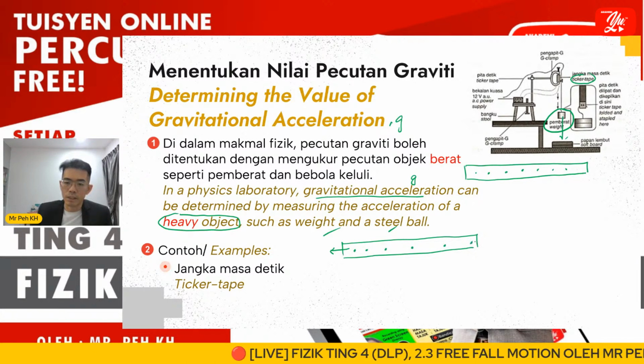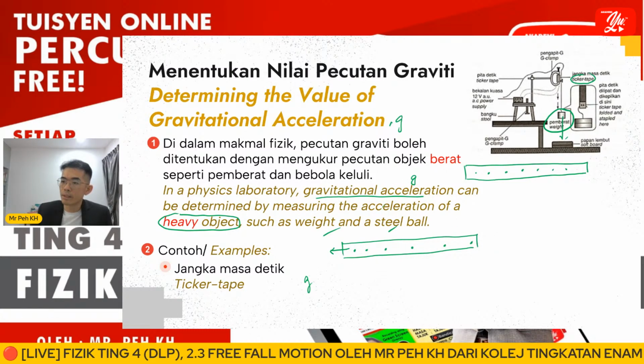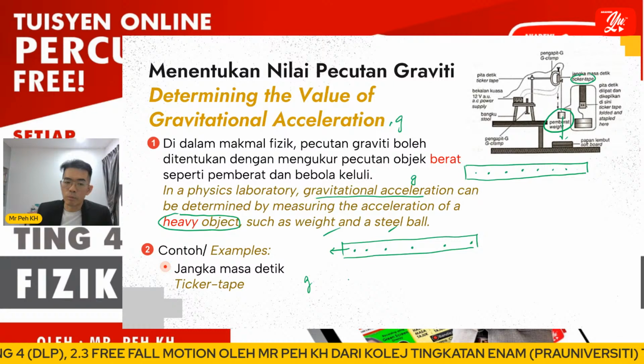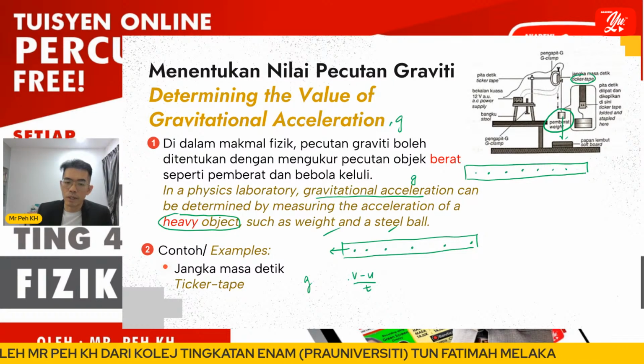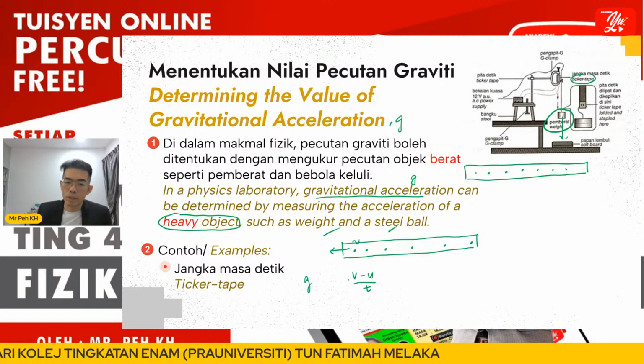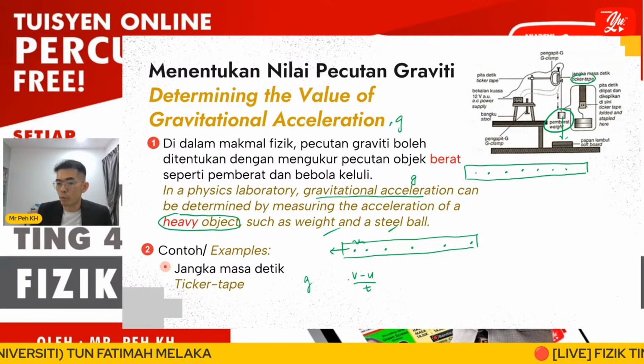Then g you may calculate by using the formula (v minus u) over t. How can you get your v? You can use the methods you already learned at 2.1.